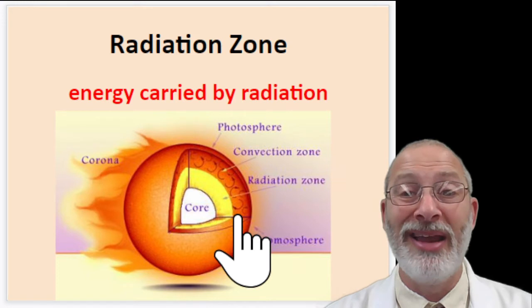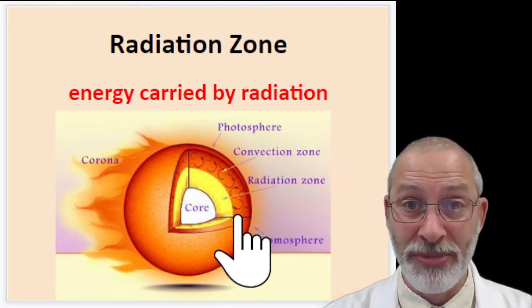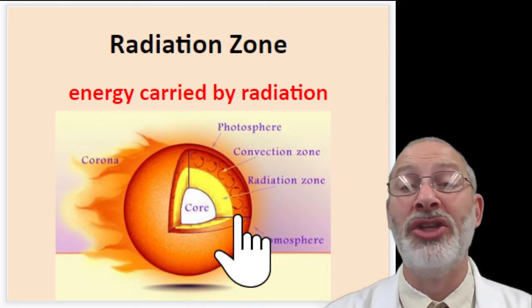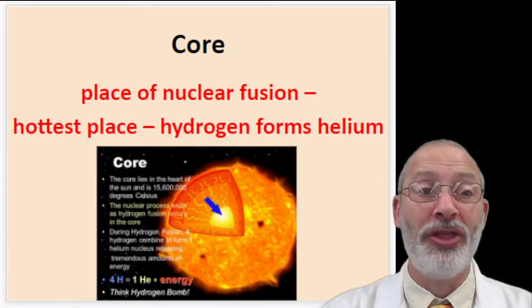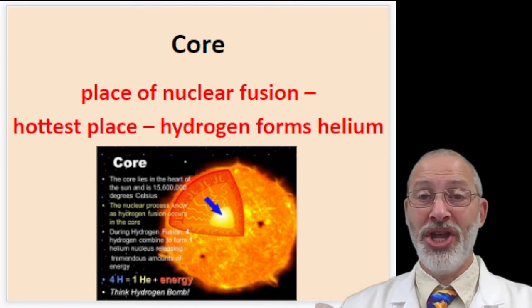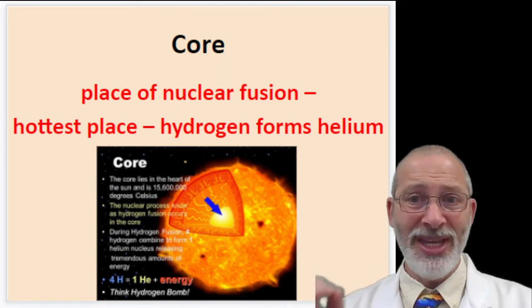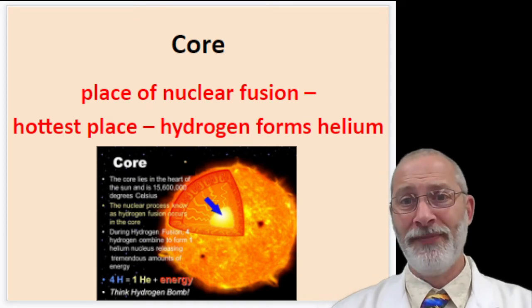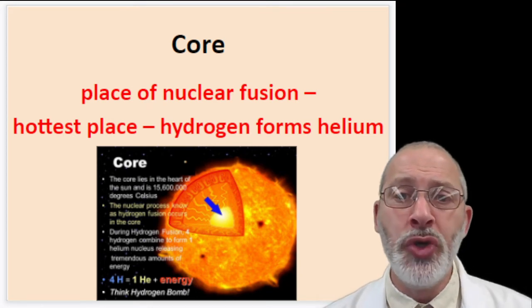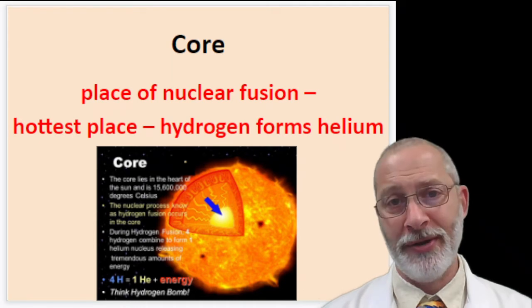We're talking about energy from changes that take place in the nucleus of atoms, which leads us to the core. Because the core is like the nuclear furnace of a star. It is a place of nuclear fusion.